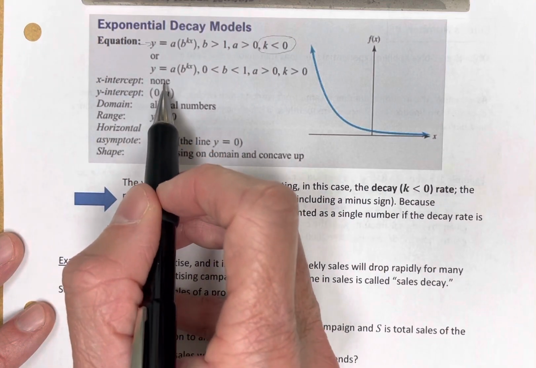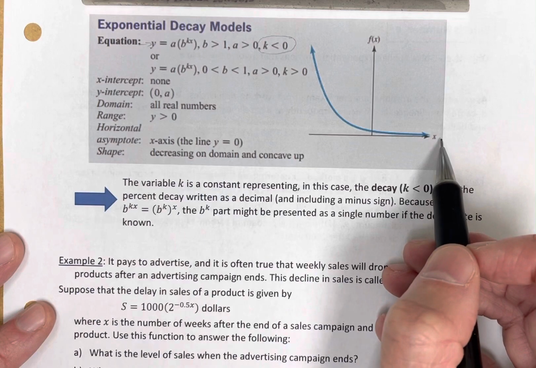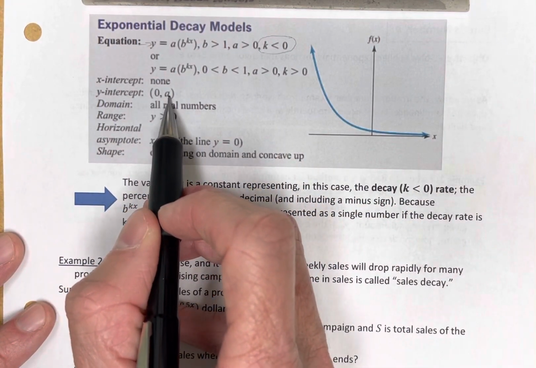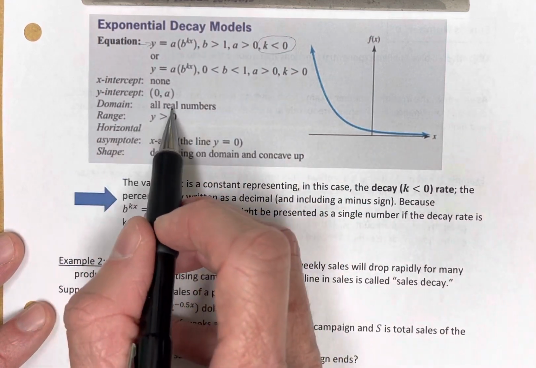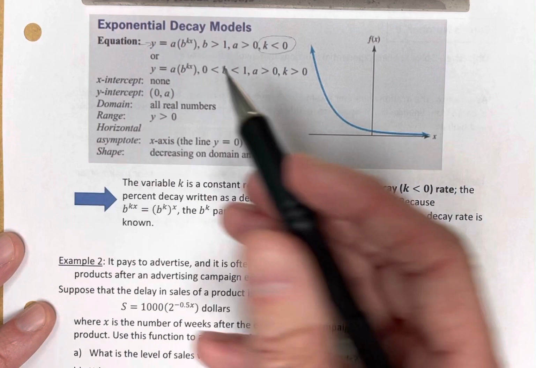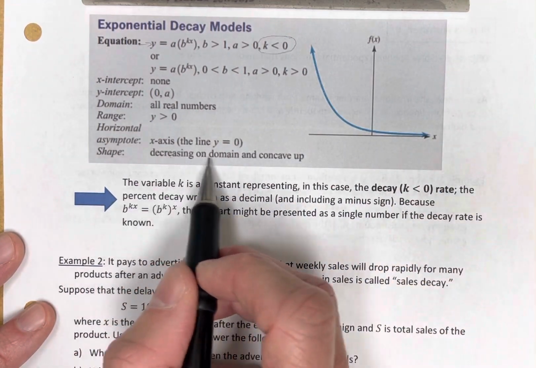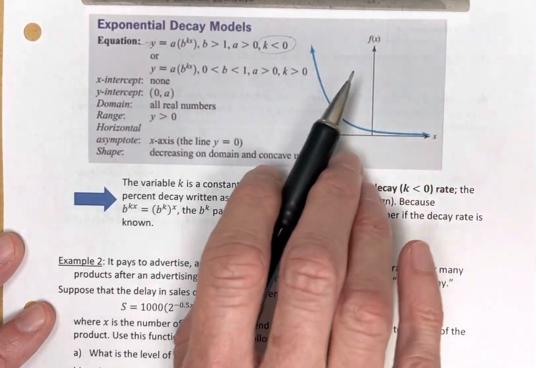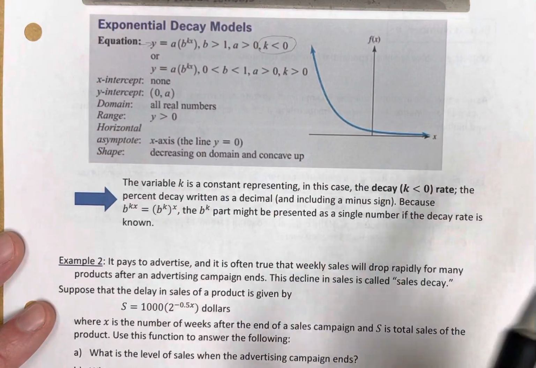We notice that because the x-axis is a horizontal asymptote, we don't have any x-intercepts. We know the y-intercept is the same, (0, a). And domain, all real numbers. The range is always positive. We're always going to have positive outputs. And we're decreasing, and we're still concave up. It still has a curve in which the curve is kind of pointing upwards.